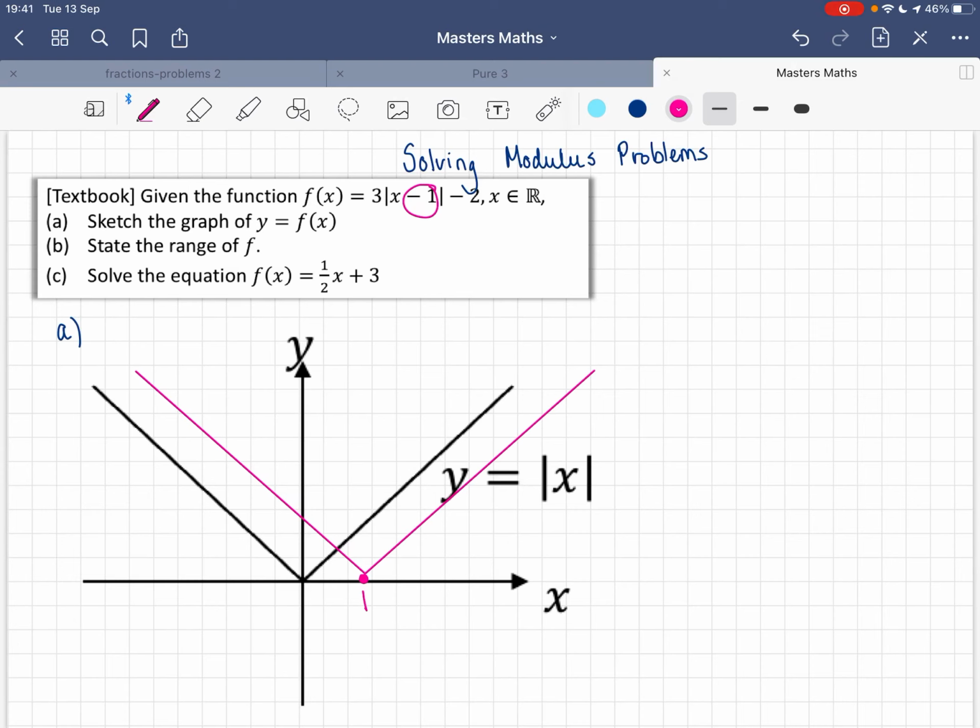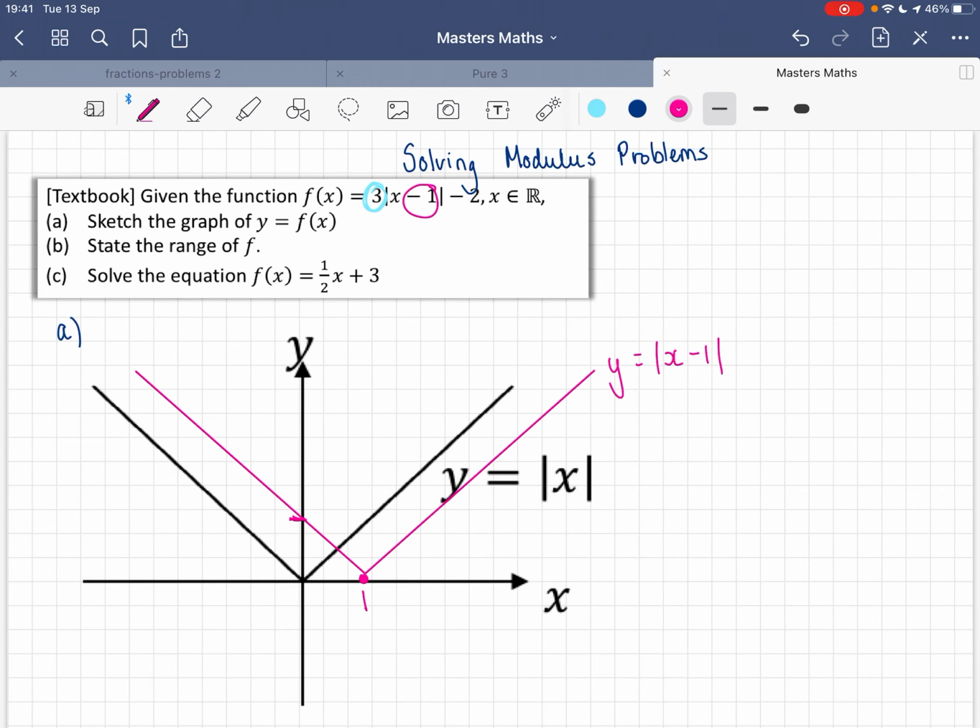We do need to work out where it's hitting the y-axis as well, especially because we have this stretch in the y direction. To work that out, we know every point on the y-axis has an x-coordinate of 0. We can put that into the graph that we've got so far, which is just y equals modulus x minus 1, because we've only done part of the transformation so far.